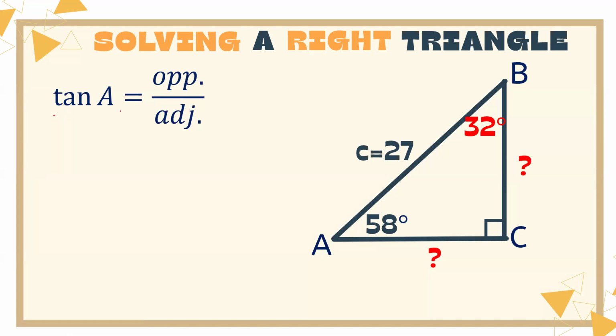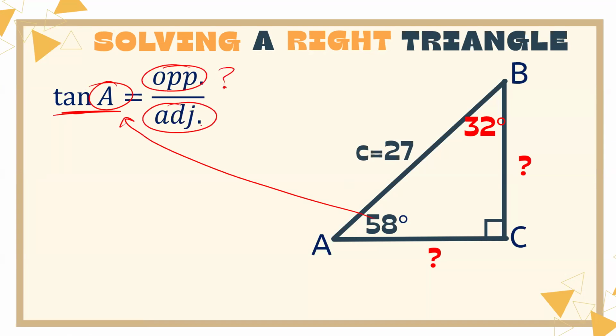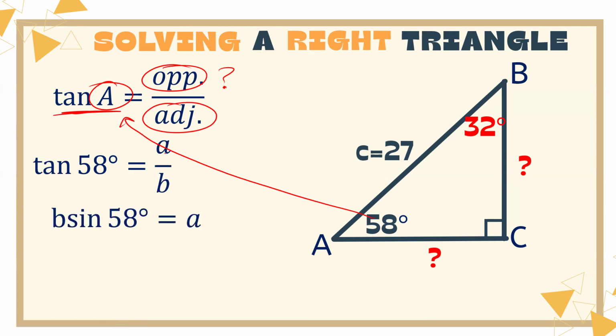Okay, so tangent A, still A is 58 degrees. The opposite side is unknown, and the adjacent side is, okay, we will solve for the adjacent side this time. Okay, so tan 58 equals a over b. Okay, so b times tan 58 equals a.